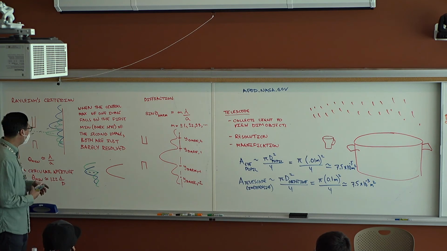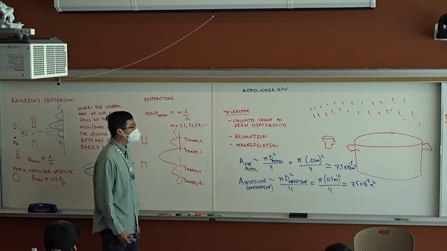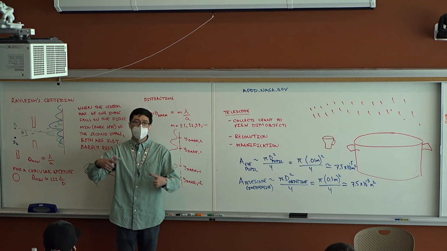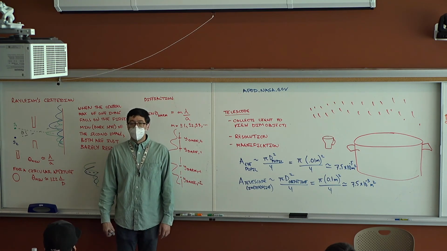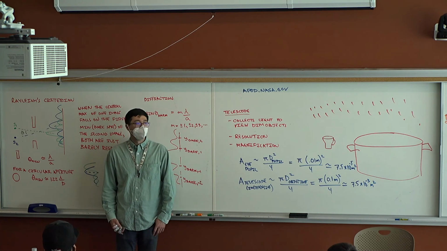Does it make sense why the effects of diffraction become less as you increase the diameter? Think about this in terms of light encountering an obstacle. Is the narrower hole or the bigger hole more of an obstacle for the light? The smaller hole. The smaller the hole gets, the more of an obstacle it is.